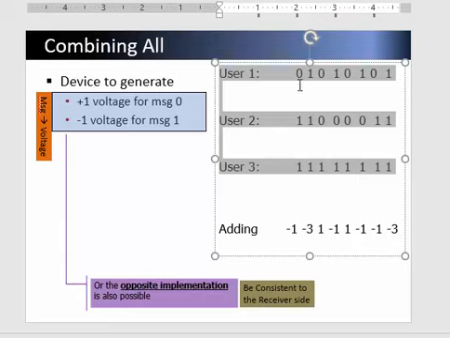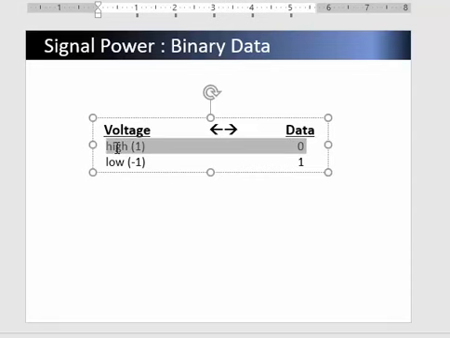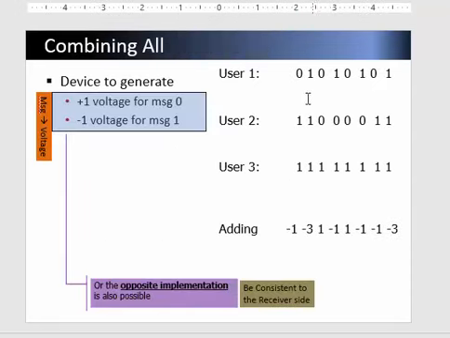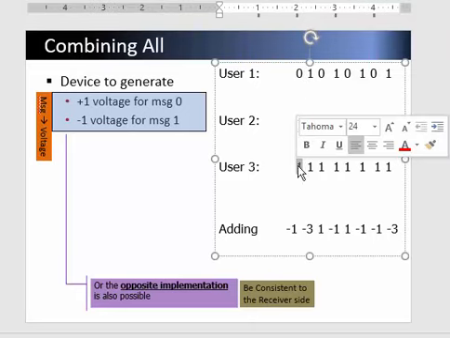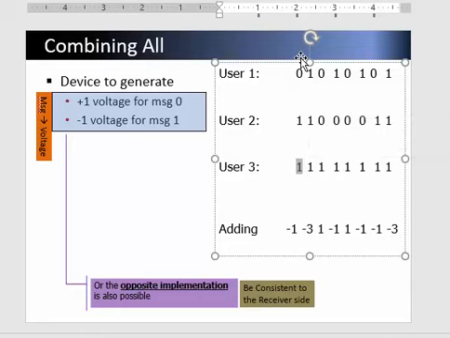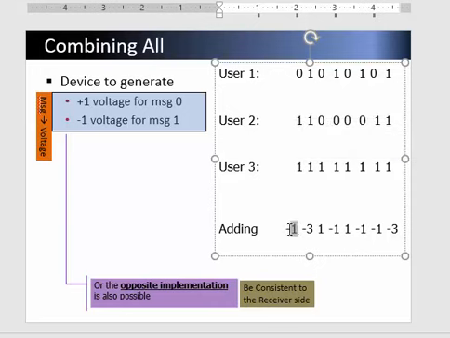Then this is data, then we need to convert it back to the voltages, right? So if it is a 0, then that is 1. If it is 1, that will be -1. This will be -1. So we add them all. 1 minus 1 minus 1 means -1, right?